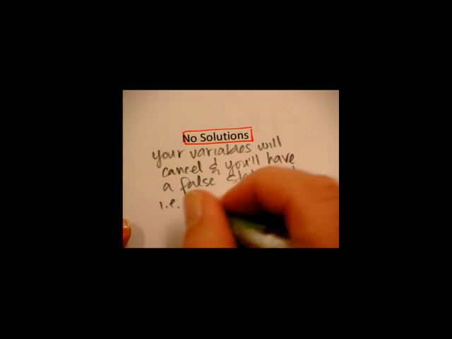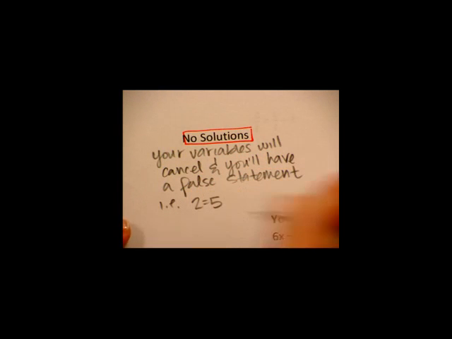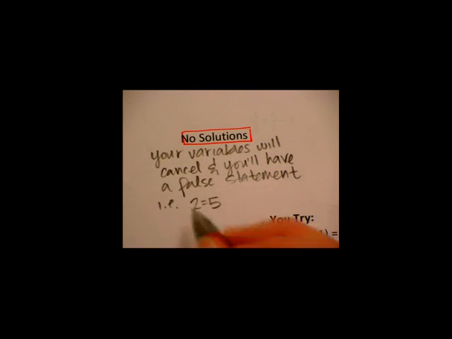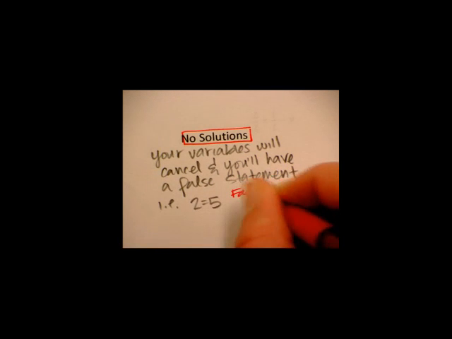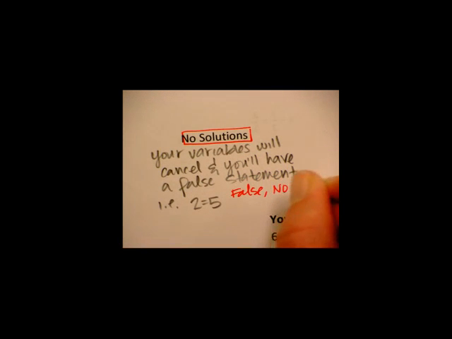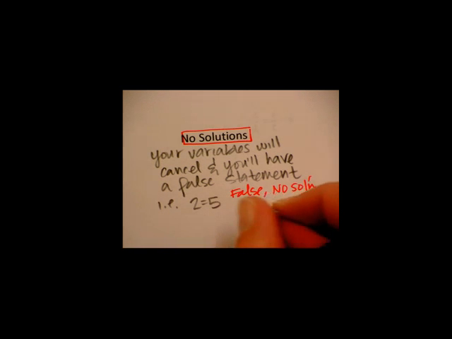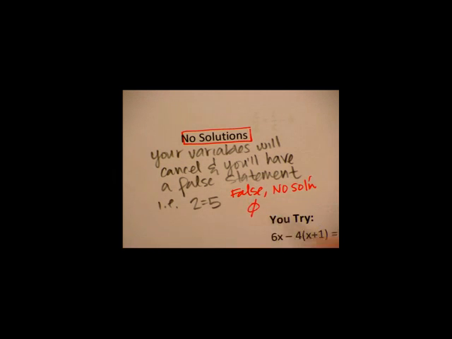A false statement might be something like 2 equals 5 or 0 equals -12, something along those lines. What this means is that you have no solution. I often abbreviate solution as SOL'N. I believe on MathXL you also have this. This means the empty set. That means there is no answer that will work.